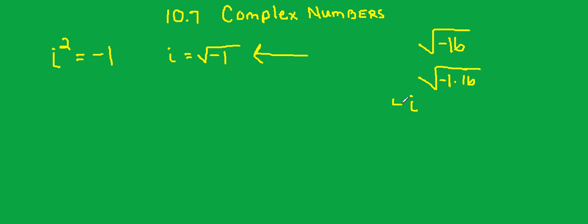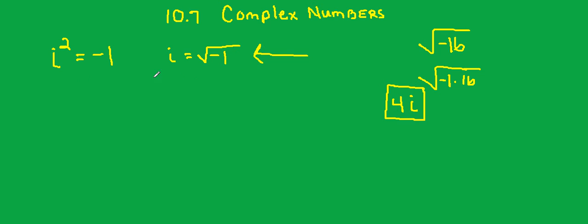I'll put the 4 out in front, and the 4 is the coefficient of i. Nothing left under the radical, so I'm okay. I just leave it as 4i.